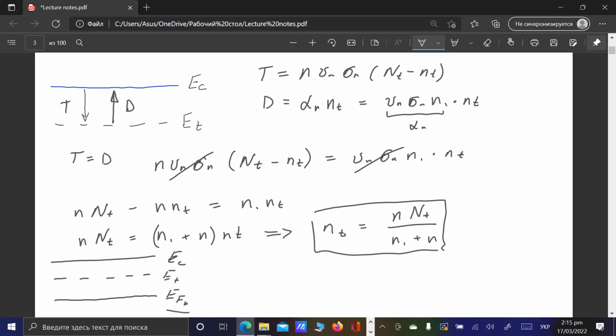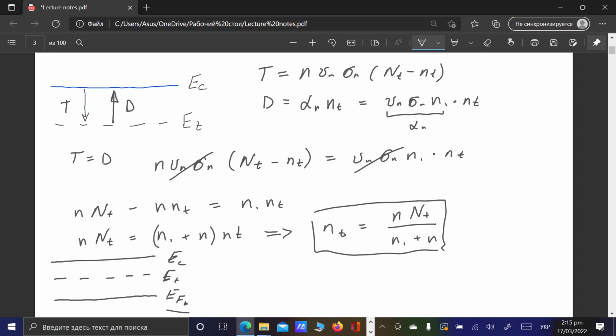This stands for quasi-Fermi level for electrons. Delta N, this excessive concentration, is not very high because we have low level of excitation. Quasi-Fermi level for electrons will be below the trap energy level, because the closer EFN will be to EC, to the bottom of the conduction band, the higher concentration of non-equilibrium charge carriers will be.